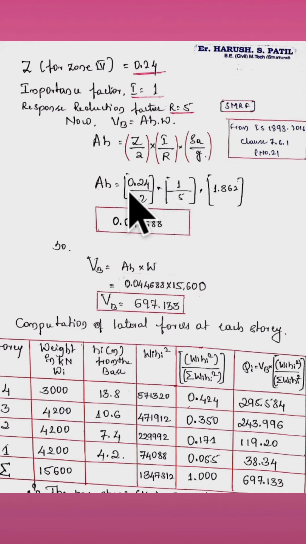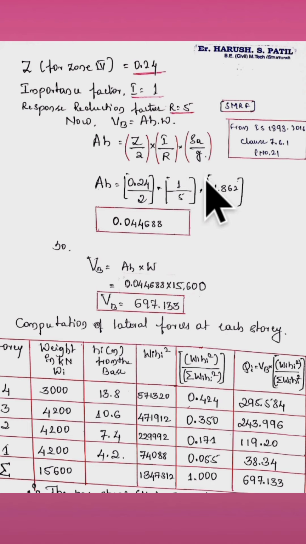Now here Z is the zone factor, it is 0.24. I have just input the value here: zone factor 0.24 divided by 2, into I, the importance factor, which is 1, divided by R, which is 5, into the SA by G value.